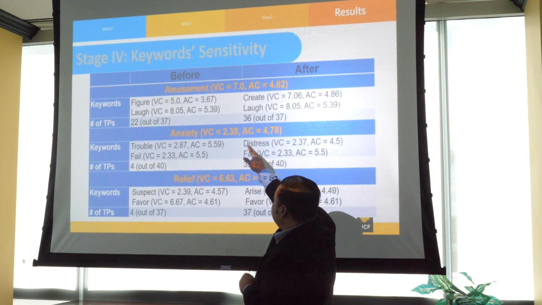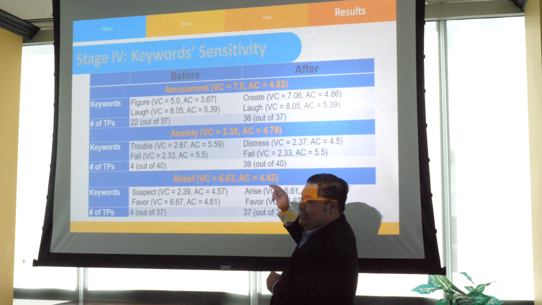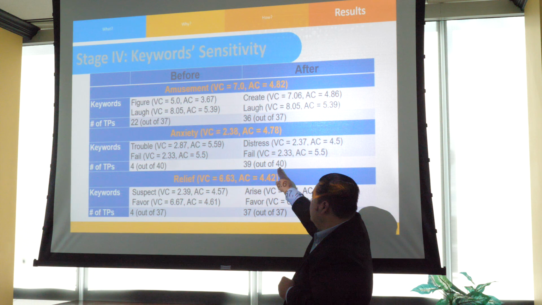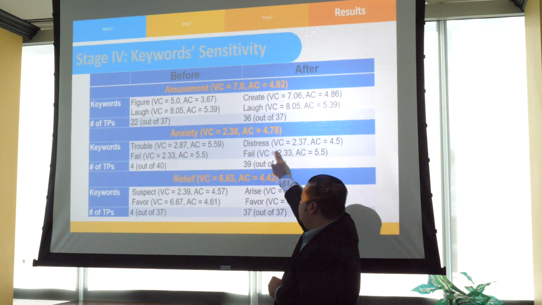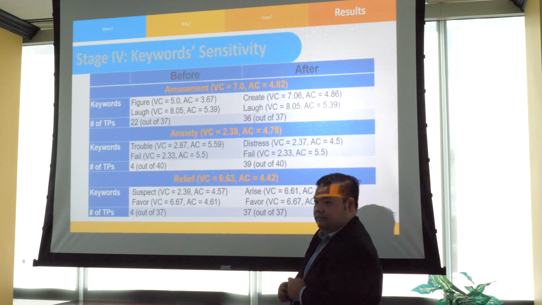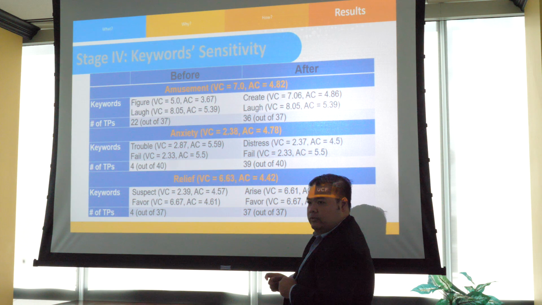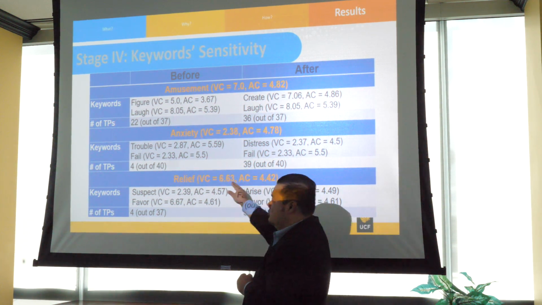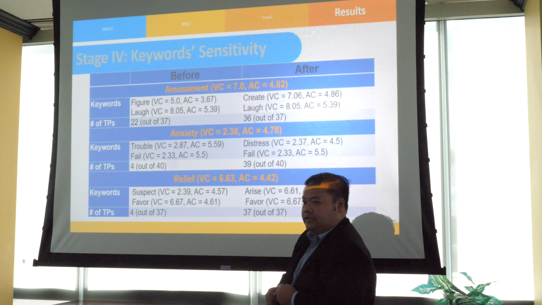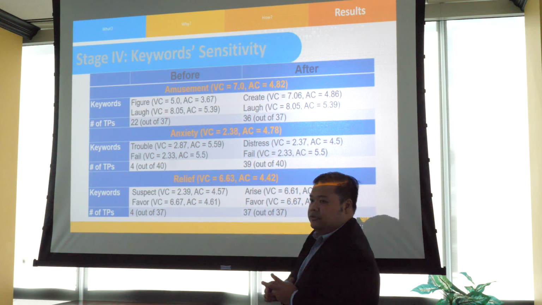But for amusement, when I changed figure to create, because create is closer to amusement, the accuracy went up to 36. The same goes with anxiety. I changed trouble to distress, and suspect to arise for relief. I just want to find words that are really close to each emotion and see what performance we could get. Remember, I only focus on 3 emotions.